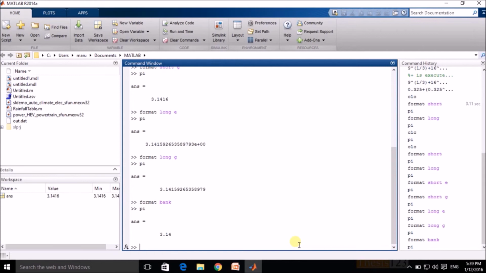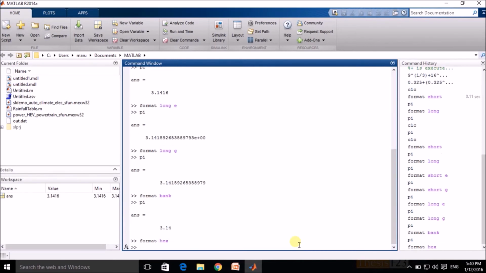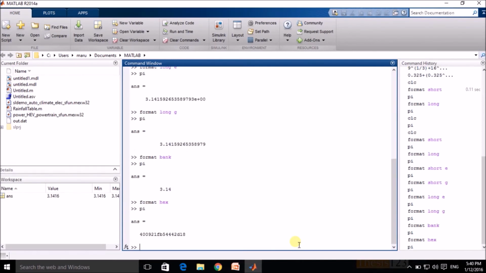And one more command for format is format hex. Now show the value of pi. It is the hexadecimal value, which displays the bits. The pi value bits will be displayed in hexadecimals.